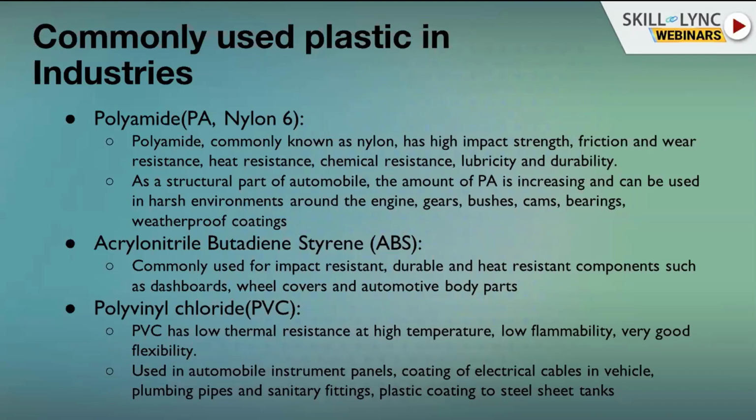As a structural part of automotive, the amount of polyamide is increasing and it can be used in harsh environments such as engine, gear, bushes, cam, bearings, and weatherproof coating. Nylon is one of the best materials for mechanical purposes. It can withstand a large structural load, and it can take a large amount of heat also.